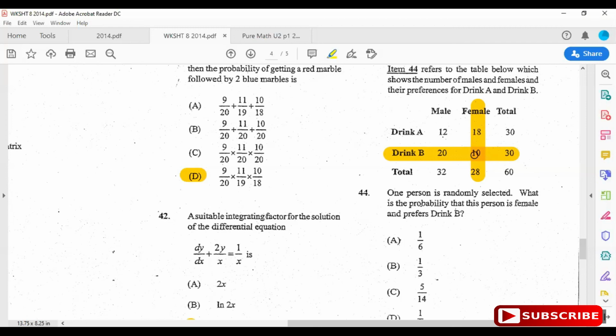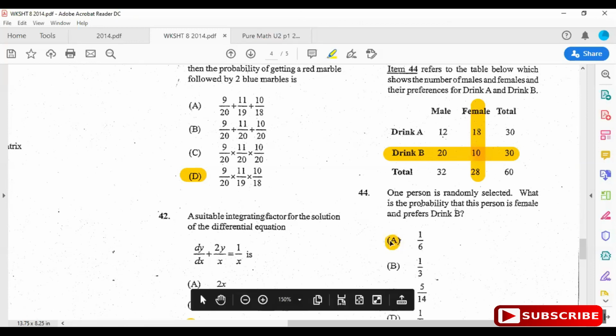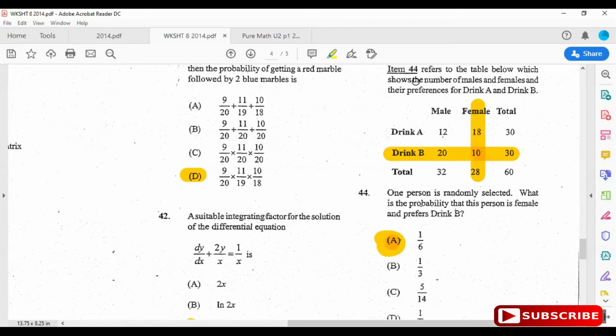And so the probability that the person is a female and drinks B is 10 over the total 60. 10 over 60 is 1 over 6. That's the answer, using the table.